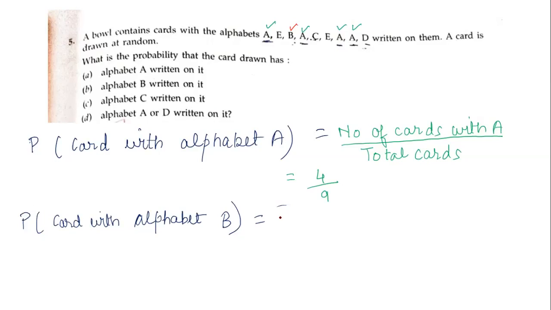So number of cards with B divided by total cards, that is 1/9. Probability of card with alphabet C. Can you see alphabet C के कितने cards हैं? Only one is there. So again 1/9.